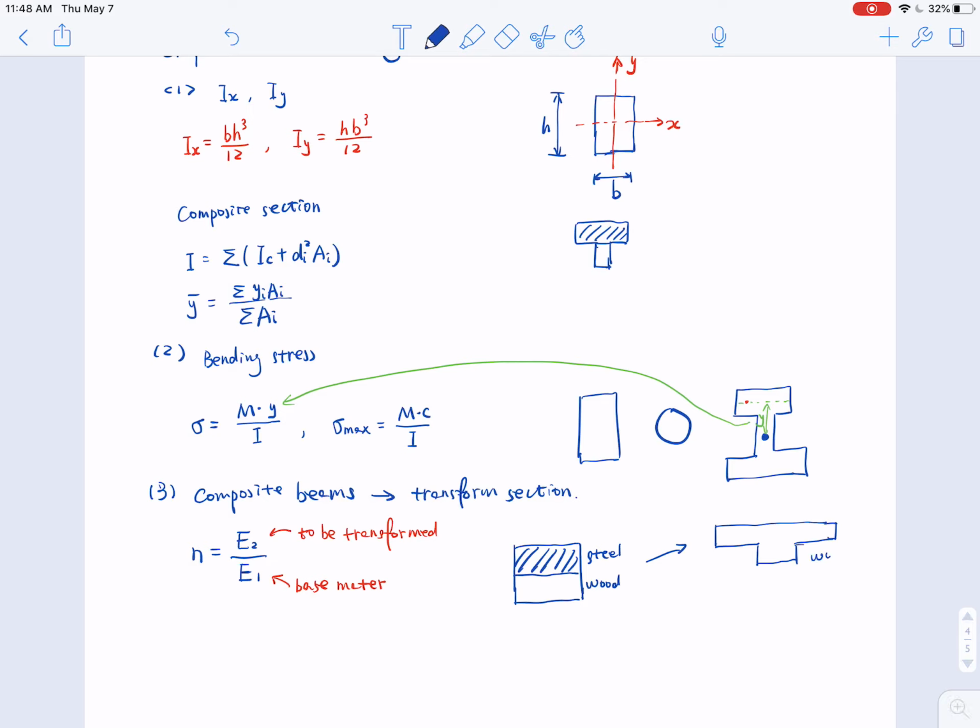This is transformed into wood. Wood is material 1. But if you want to use steel as material 1, then you can transform it into this shape. In this case, steel is E1, right?